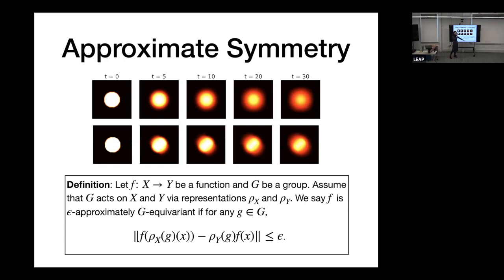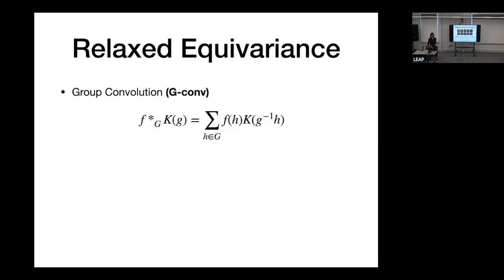But if the model doesn't have perfect symmetry, then we can simply say the gap between these two transformations is upper bounded by a small constant epsilon. So depending on how much epsilon we have in the model, we can break the symmetry to different amounts. Then how can we implement this approximate symmetry in practice?